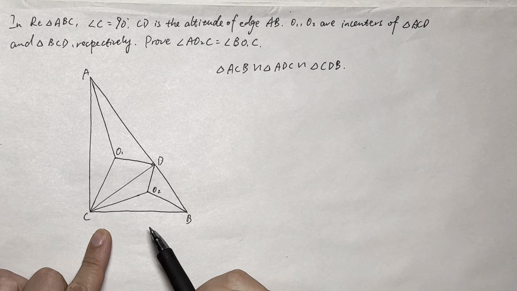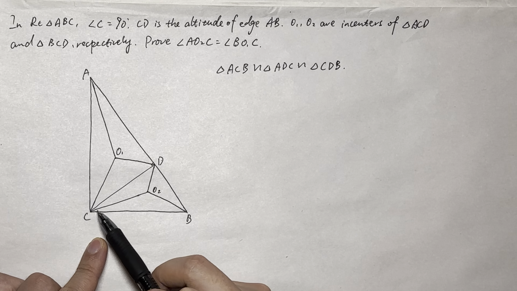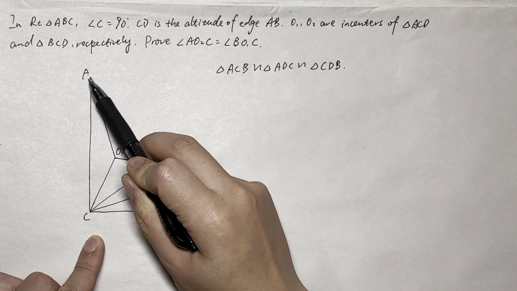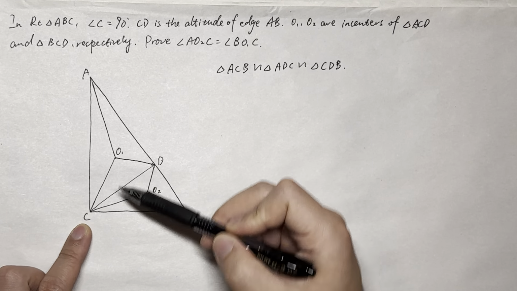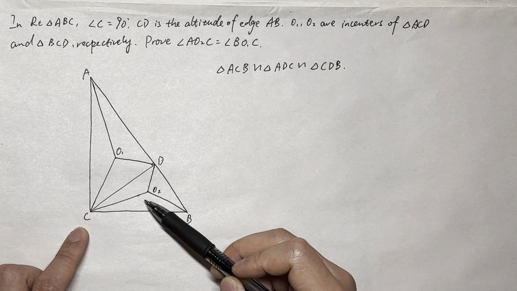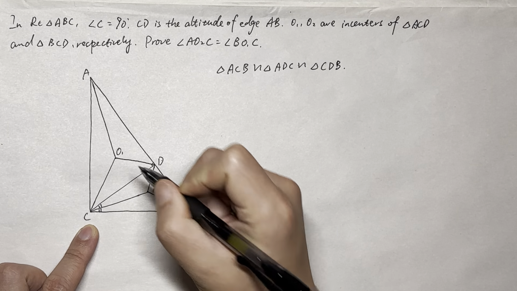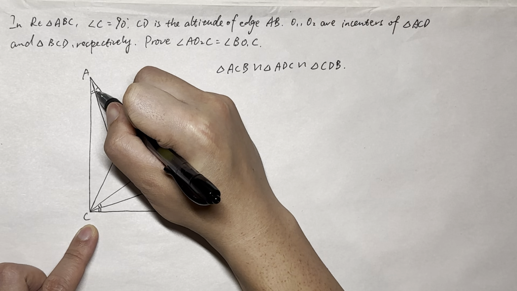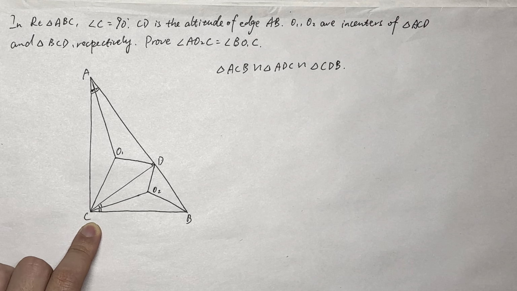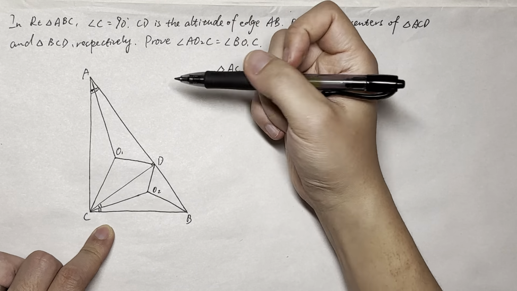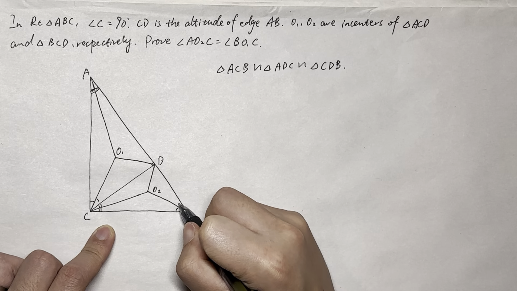And we know that angle DCB equals angle DAC. Because AO1 and CO2 are the angle bisectors, let's mark the equal angles with the same notation here. We know this angle equals this one equals this one.